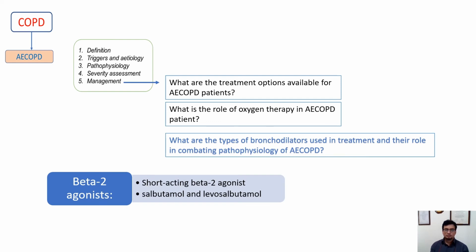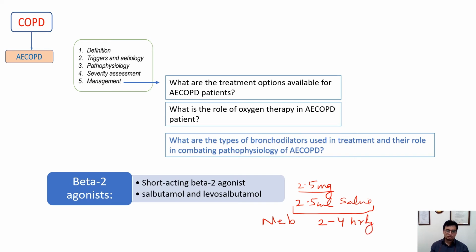So there are various roles of beta 2 agonists. The doses are very important to remember. We give salbutamol in the dose of 2.5 milligram in 2.5 ml of saline. We mix together and give as a nebulization every 2 to 4 hourly.